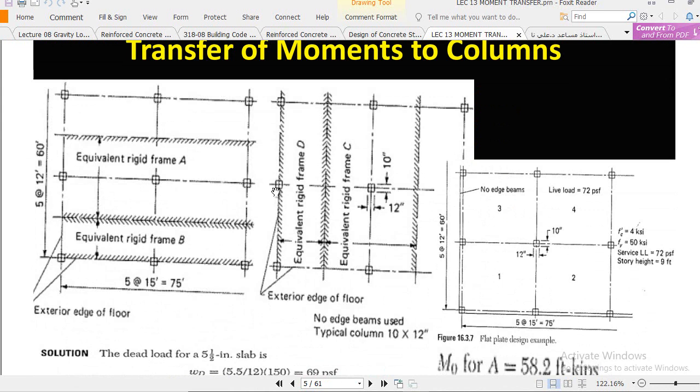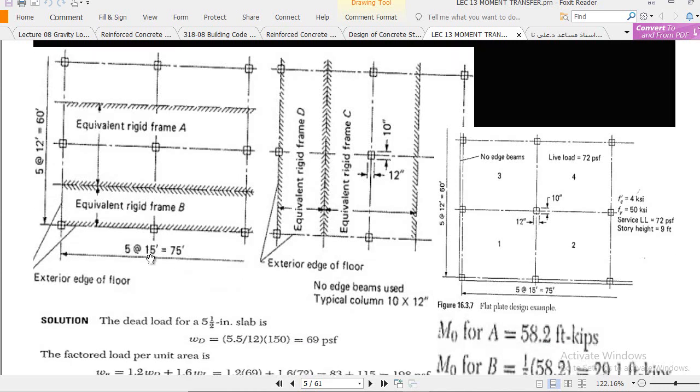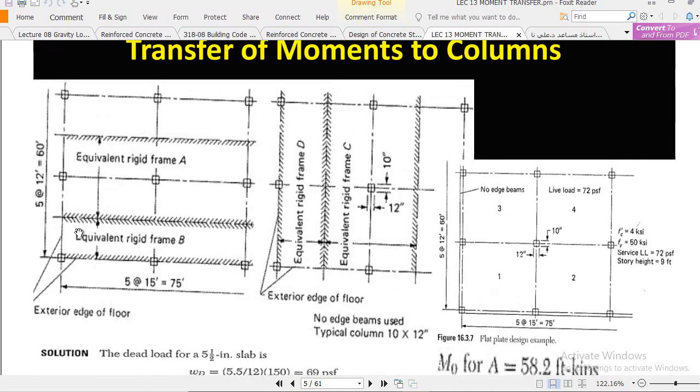This is an example. We see right here that in the north-south direction we have 5 spans of 12 feet center to center, and in the east-west direction we have 5 spans of 15 feet center to center. Now this slab system is divided into equivalent rigid frames in the east-west direction.